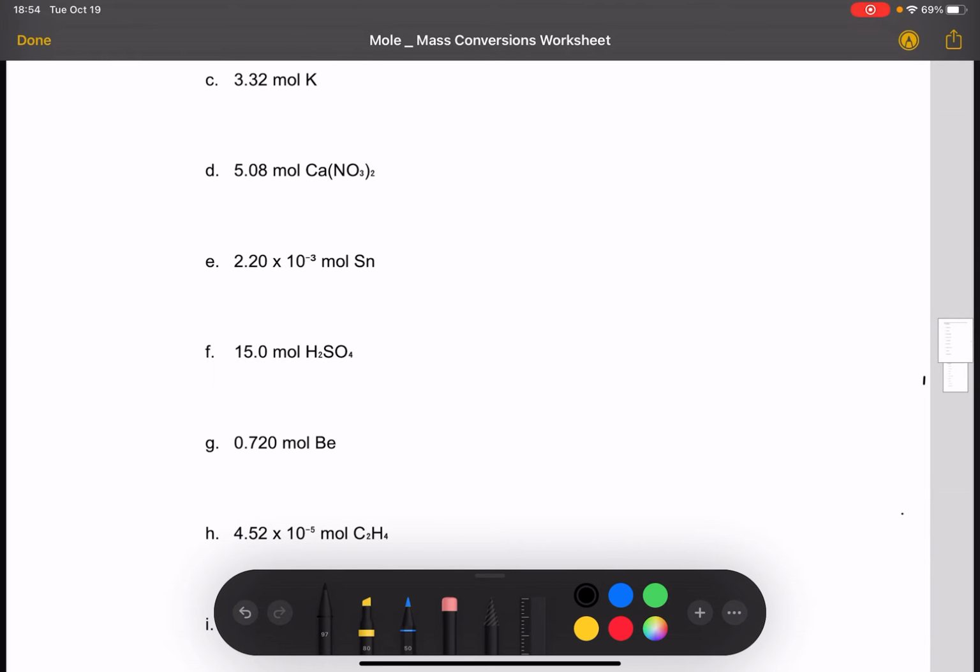So I'm given 3.32 moles of potassium. Let's find the molar mass of potassium. By looking at the periodic table, I can tell that it is 39.10 grams of potassium per 1 mole of potassium.